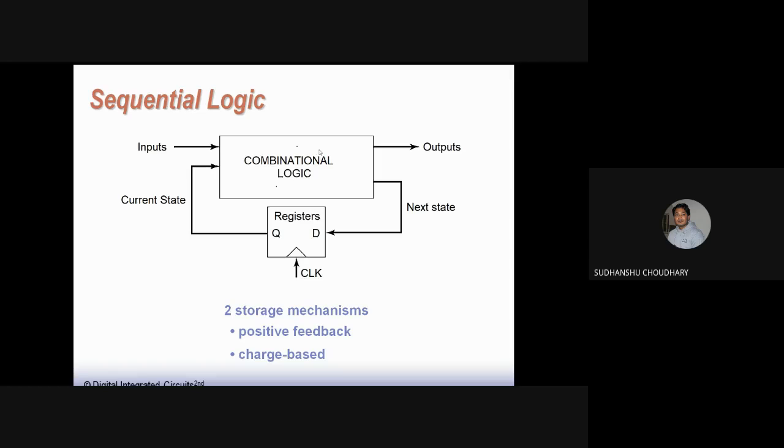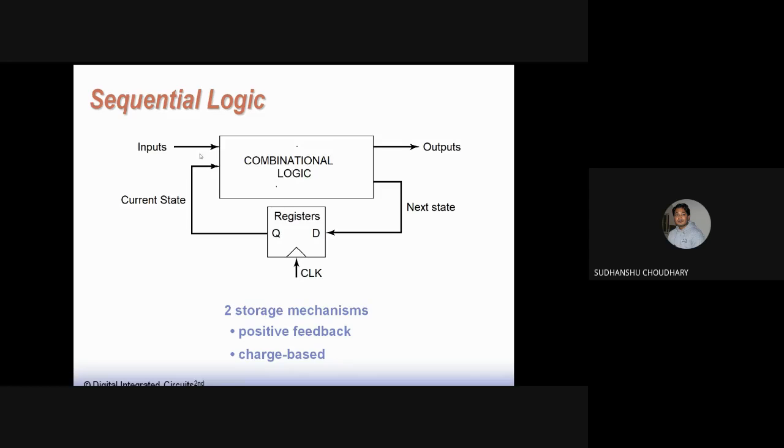In fact, this is a very small portion of a bigger circuit. There could be bigger sequential logic circuits possible, which may have hundreds of such small circuits, and the entire circuit is synchronized by a single common clock.